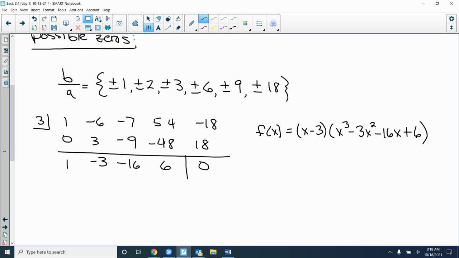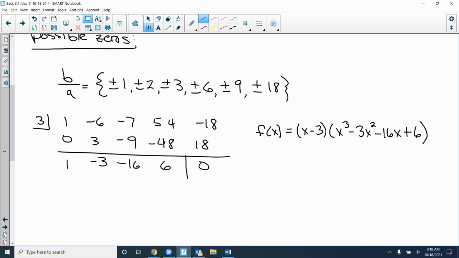Now, can I factor that just by looking at it? Can I use the quadratic formula on it? No. We have to do the same procedure where I have to find another 0. Now, you can list the B over A's, but now you're only going to use 1 and 6. I'm not going to actually go through the list. So which ones do I know won't work out of here?